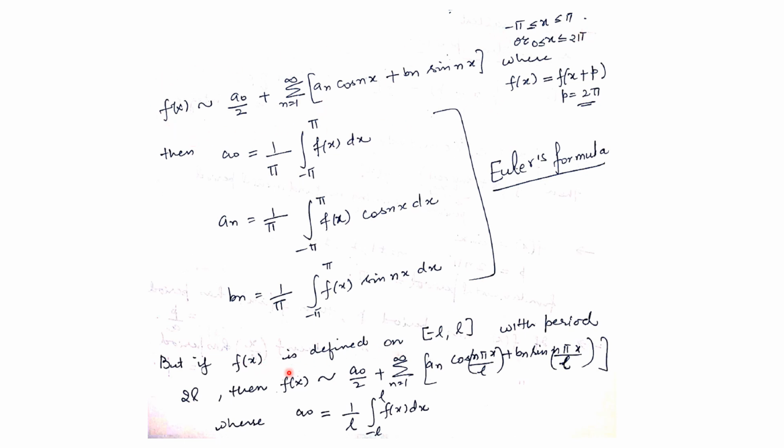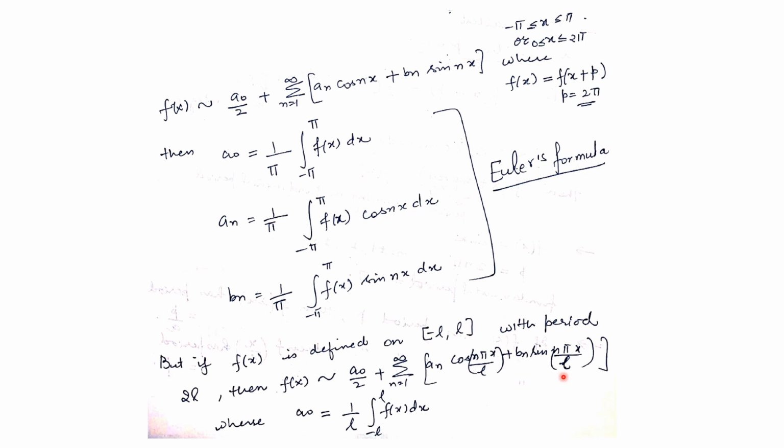But when our function is defined on the interval minus L to L with period 2L, where 2L is the length of this interval, then the form is f(x) equivalent to a naught by 2 plus summation n varying from 1 to infinity of an cos n pi x by L plus bn sin n pi x by L.